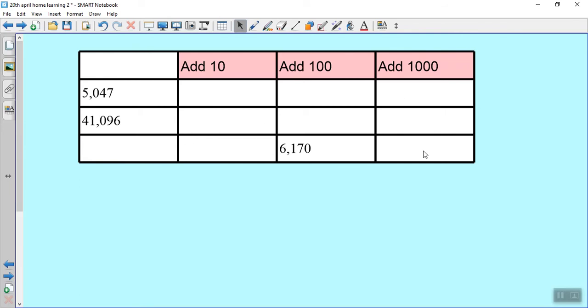When I add 1,000 to it, my answer's here, to this initial number. So how could you get this initial number? You've got to subtract 100 from this number to get your original number. So then this number, add 100, would make this number. So pause the video and then draw yourself this table on some paper and see if you can get the correct numbers in each box.